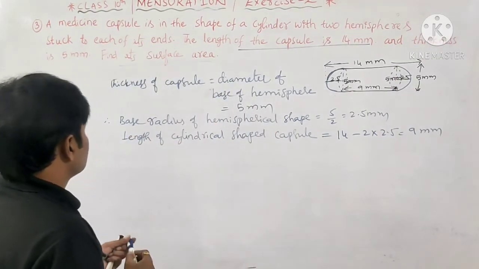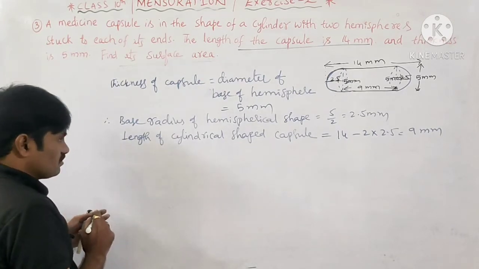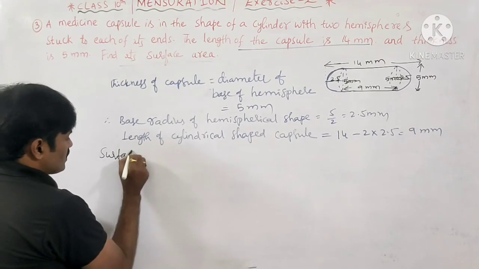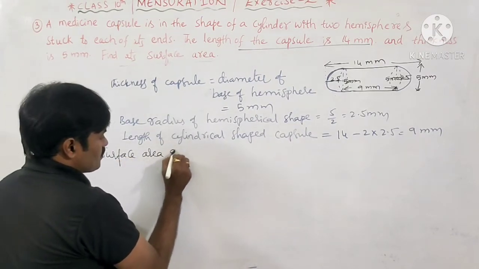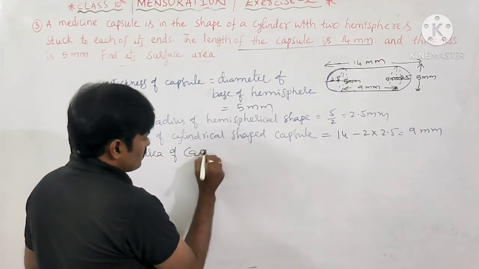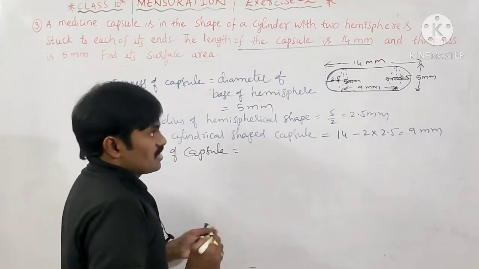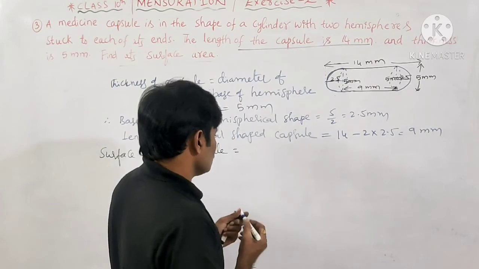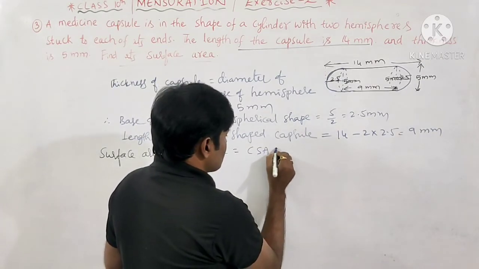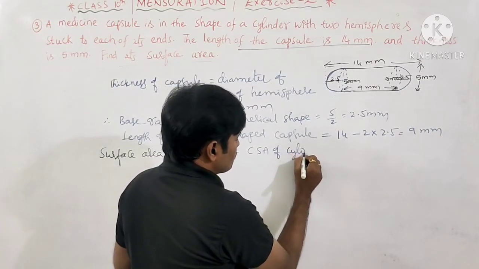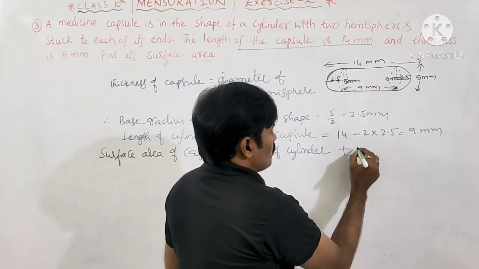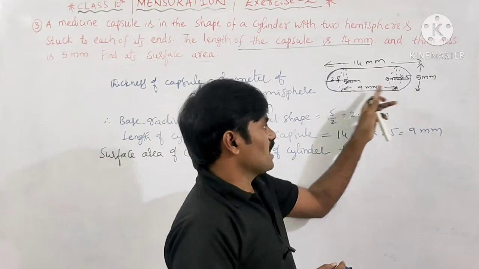Then the surface area of the capsule is equal to, what is the formula here? Surface area of the capsule is equal to curved surface area of the cylinder plus curved surface area of two hemispheres.